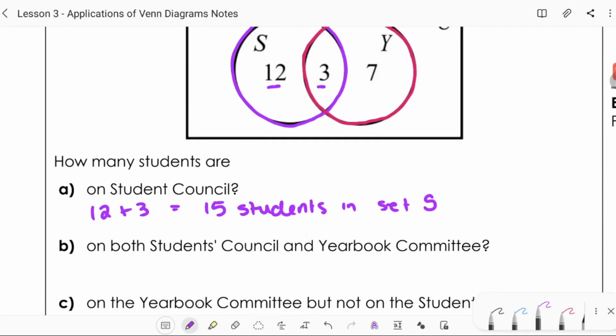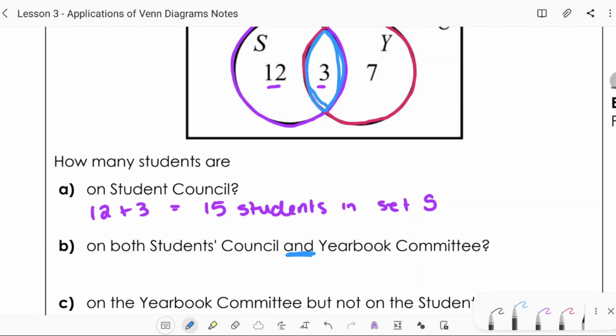If I'm talking about the number of students on both student council and yearbook committee, this word and right here is what I'm looking for when I'm reading a question. That's trying to help me determine what set I am talking about. And remember that and means I'm talking about the intersection.